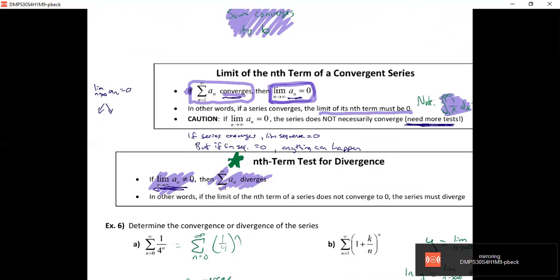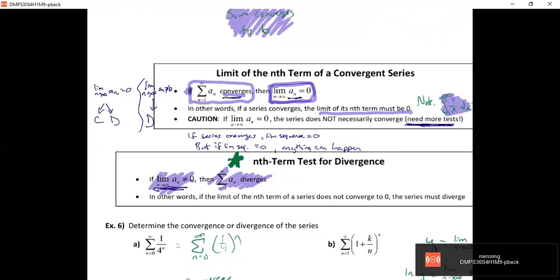Let me write that as C or D. But if the limit as n approaches infinity of a sub n doesn't equal 0, then we know we have divergence. So that's why we have the nth term test for divergence.